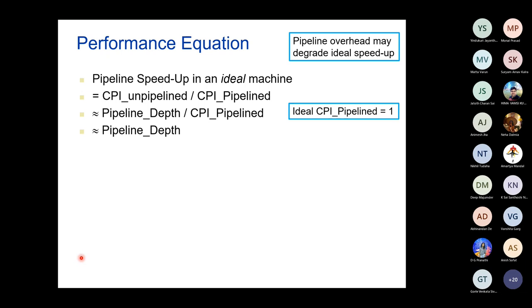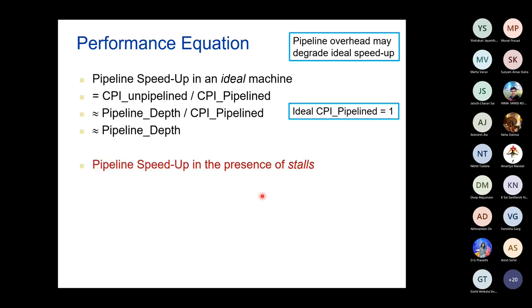And there is some pipeline overhead, because you have interface latches and a lot of hardware that inserts some delay. So in the non-ideal case, forgetting about hazards, in the presence of this additional hardware overhead, we have a value which is not exactly the pipeline depth, but less than that.